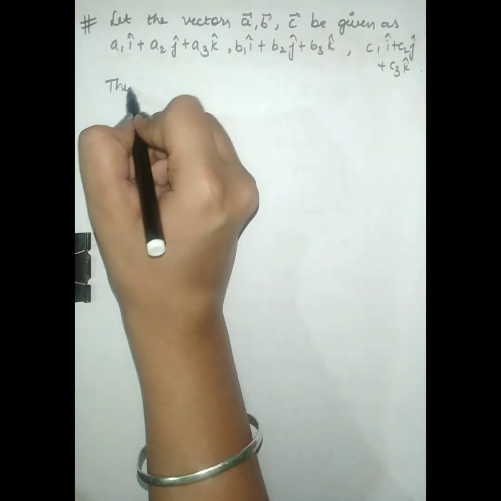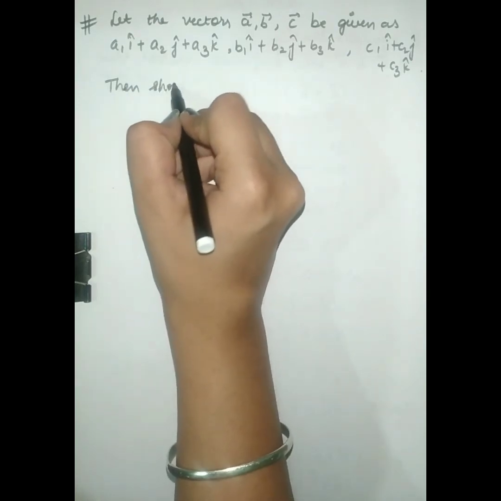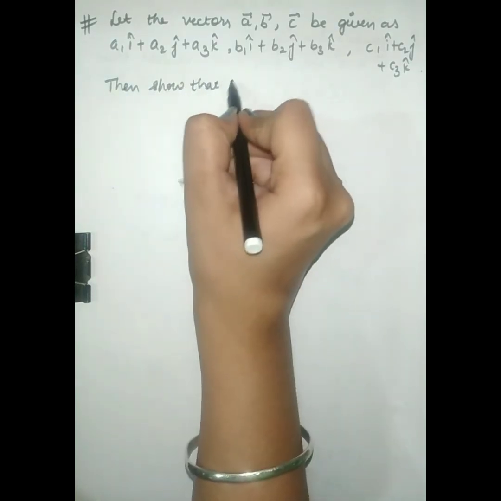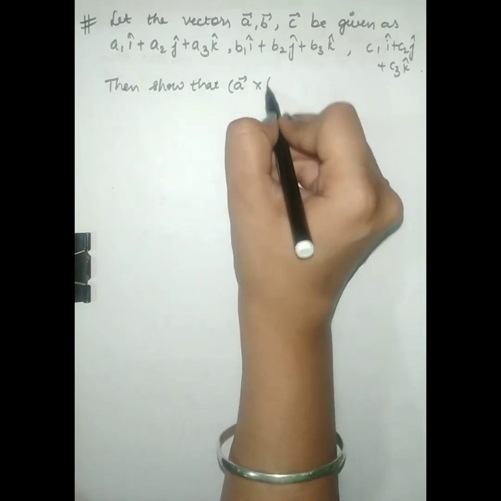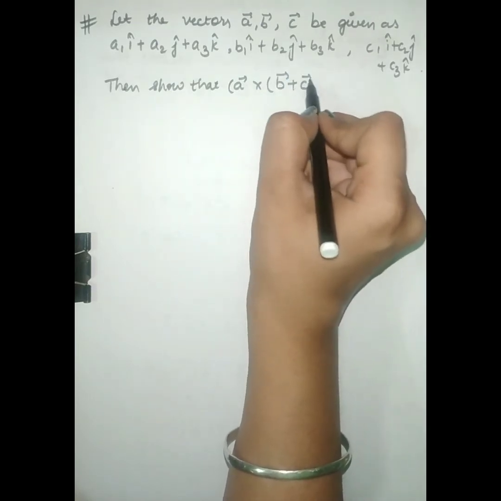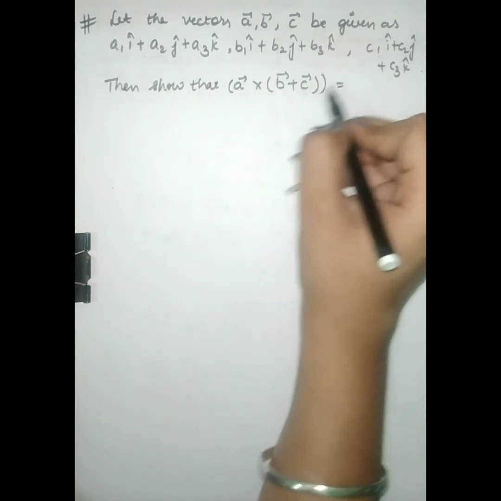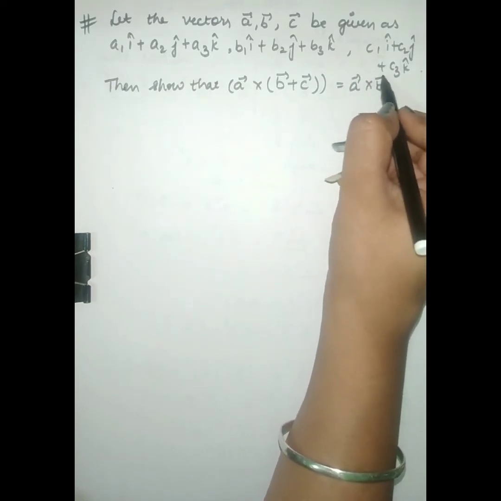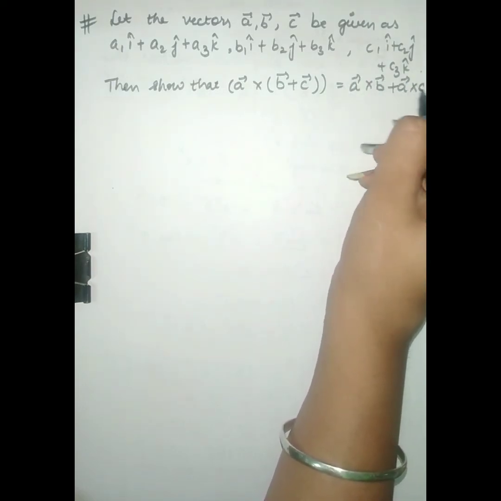Then show that A vector cross of B vector plus C vector will be equal to A vector cross B vector plus A vector cross C vector.